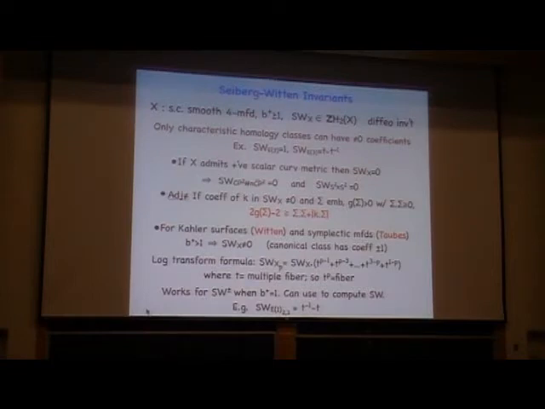And in fact, when you have B plus equals 1, this formula still works for these invariants Seiberg-Witten plus or minus, and you can use them to compute the Seiberg-Witten invariant. So here's an example. Suppose you take manifold E1 and do order 2 and order 3, or multiplicity 2 and multiplicity 3, log transforms.